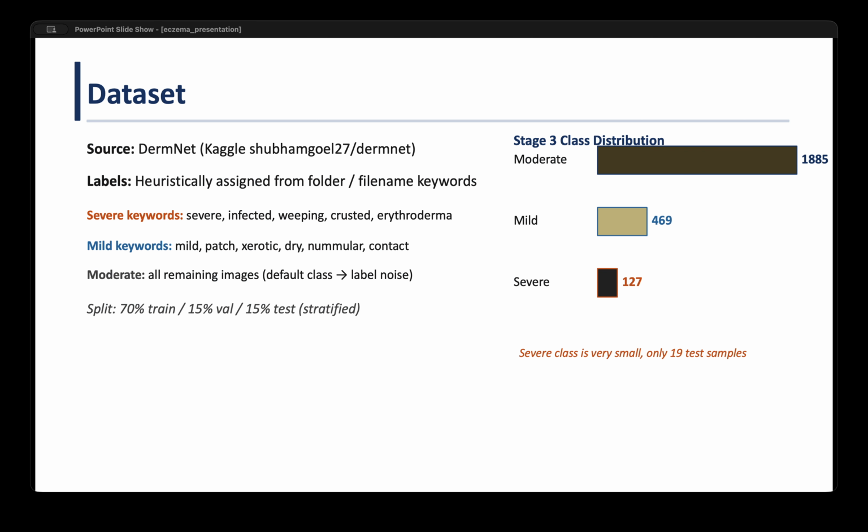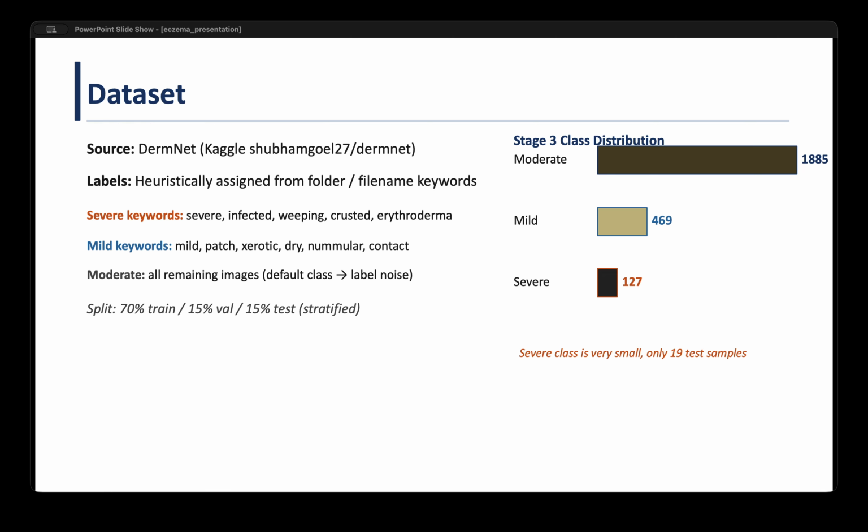And coming to our dataset, we use the DermaNet dataset from Kaggle. Since DermaNet has no clinically graded severity labels in it, we built them by matching folder names and file names against severity keywords.